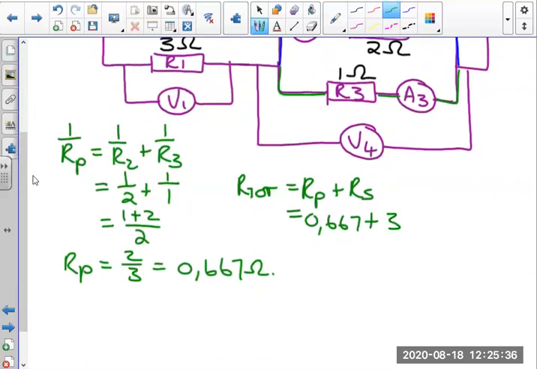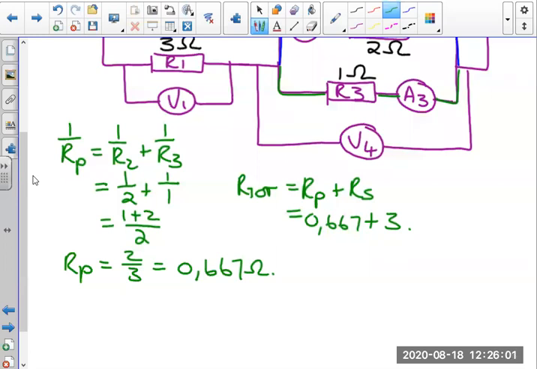Did I work it out wrong? Ma'am, for the second fraction in your working, it says 1 plus 2 over 2, so it's not 2 over 3, it's 3 over 2.